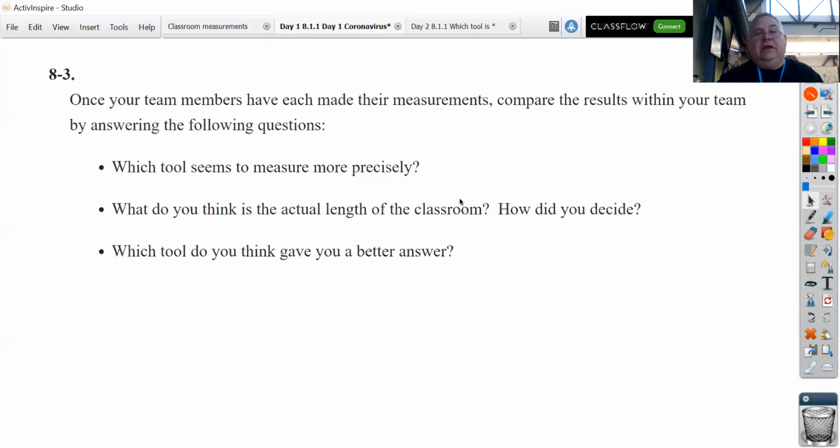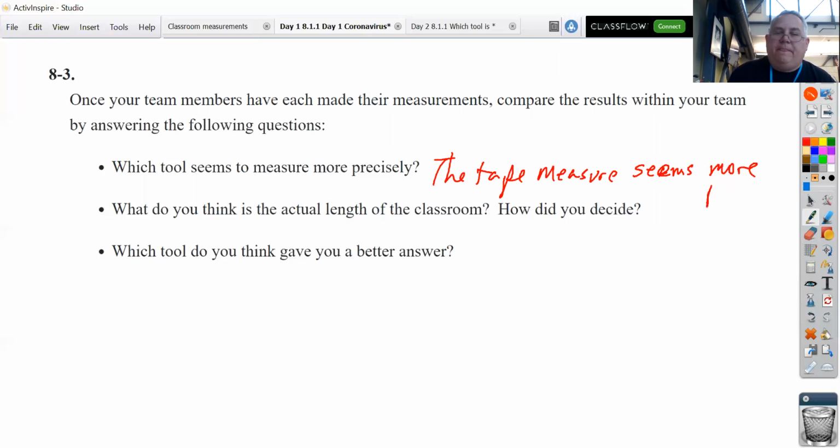So I'm thinking maybe the tape measure might be more precise. If I were going to answer the question for 8.3 here, let's see if I can do that. Hold on one moment. So for 8.3, I might say the tape measure seems more precise.